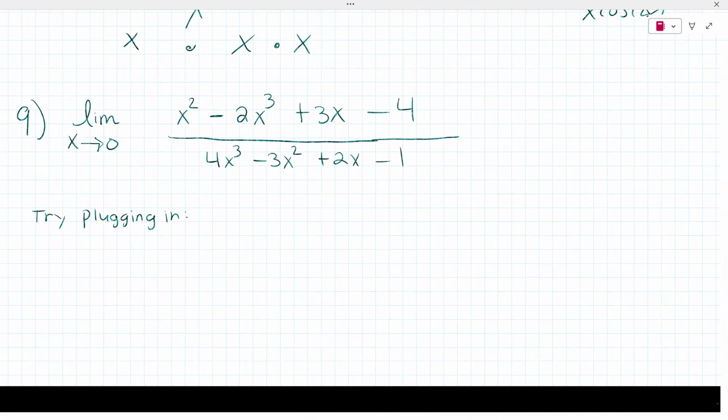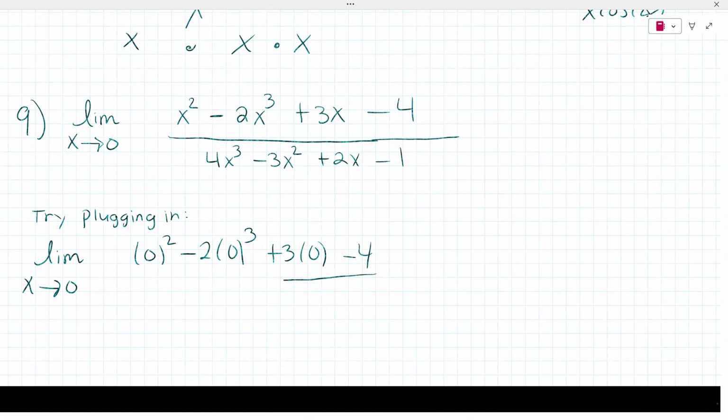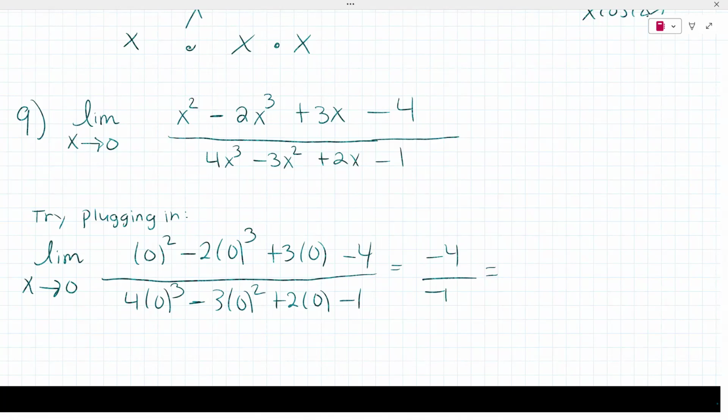Wherever you see an x, plug in 0. And you get negative 4 over negative 1, which equals 4.